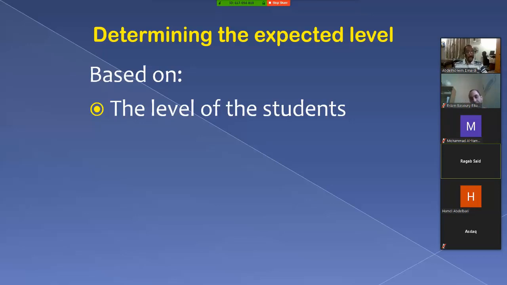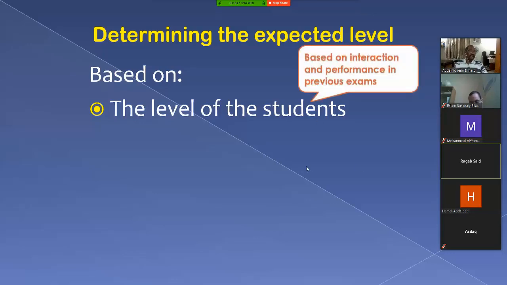It's based on your subjective judgment about the students, based on interaction and performance in previous exams. You know that you expect the performances of these students to be high or low or average, based on the level of the student.